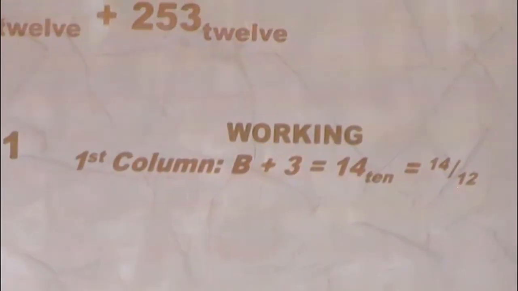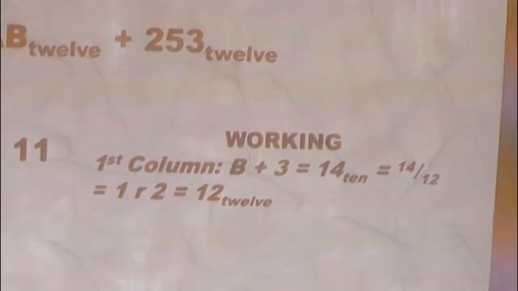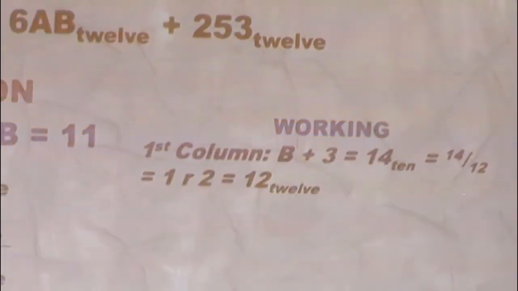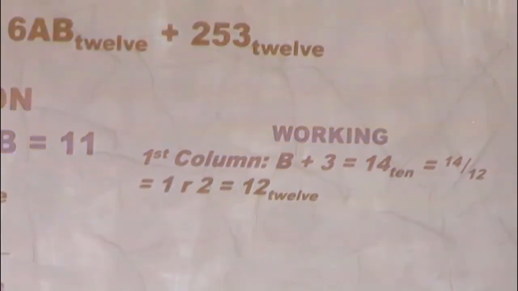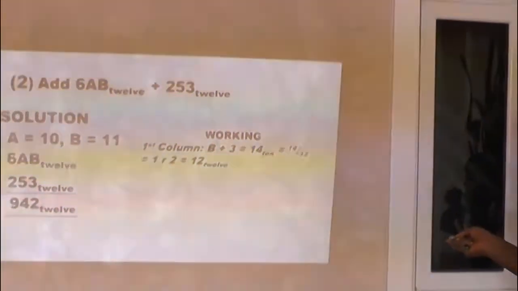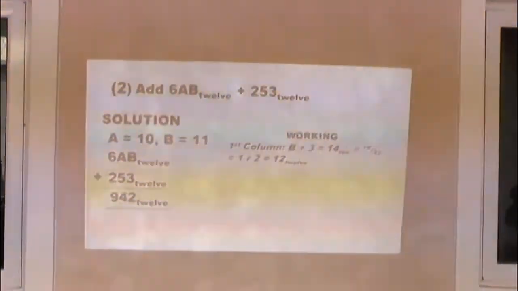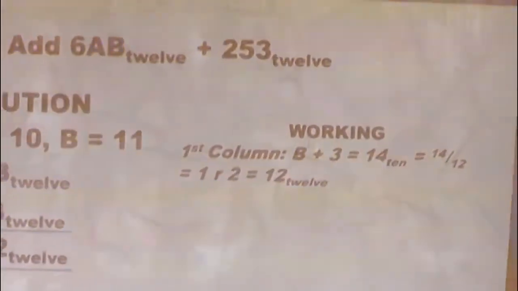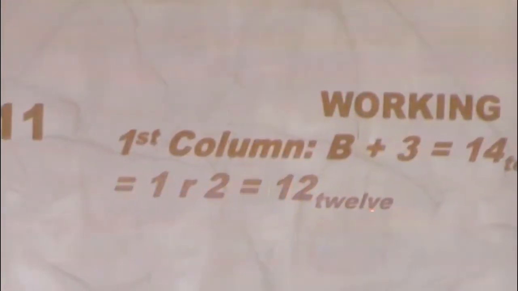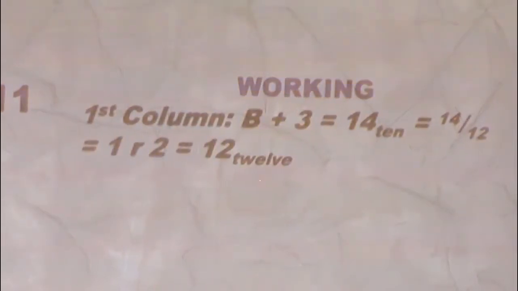Now converting this 14 base 10 to base 12, we find the number of 12s we can find in 14. 12 will divide 14 once, and we'll have a remainder of 2. So 1 remainder 2 written together gives us 14 base 10 in base 12. So we have 1, 2 base 12.